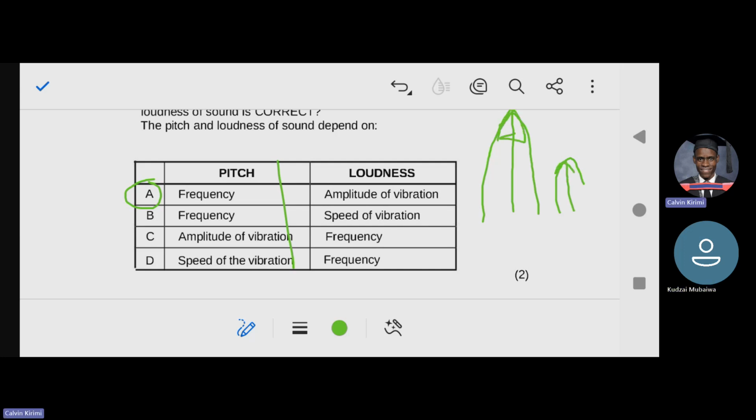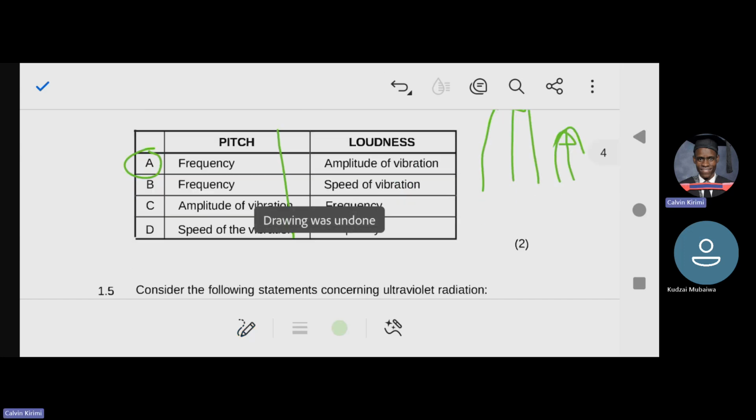That is how loud it is. So the higher the amplitude, the higher the loudness. But the frequency is just the pitch. So our answer is A for number 1.4.